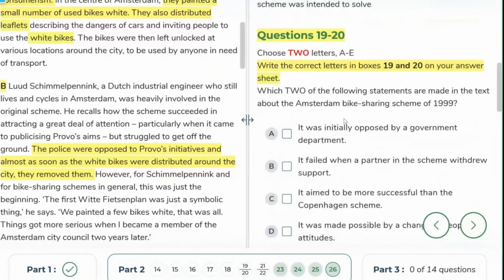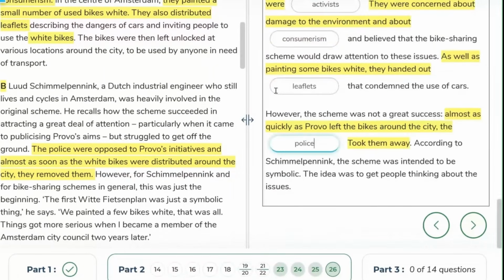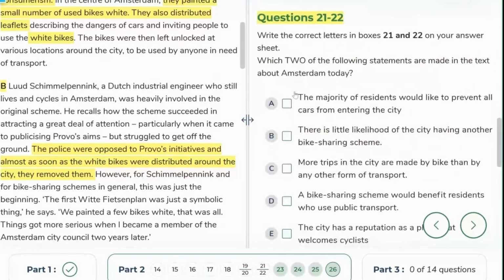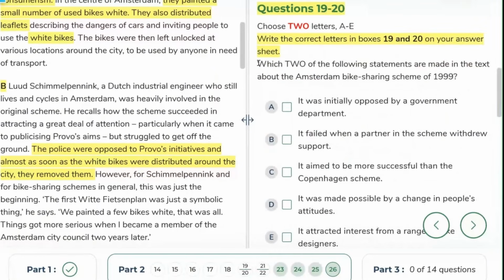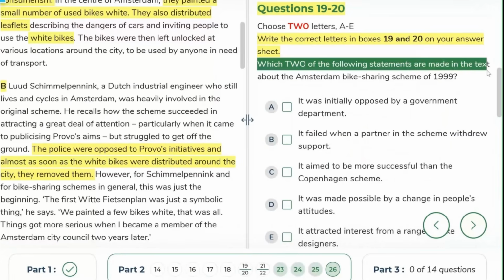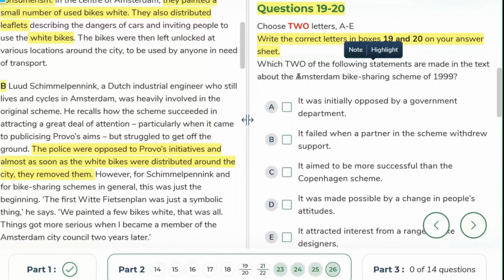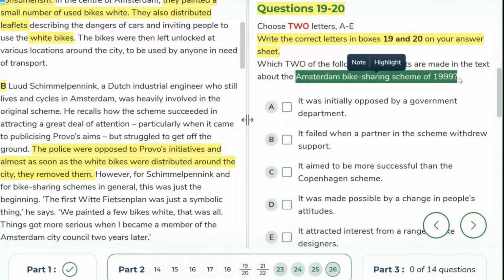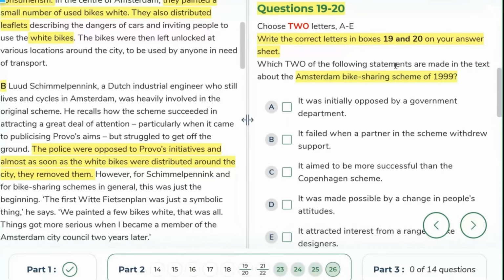They say here, which 2 of the following statements are made in the text about the Amsterdam bike sharing scheme in 1999? Now we need to see, where do they talk about the Amsterdam bike sharing scheme in 1999?